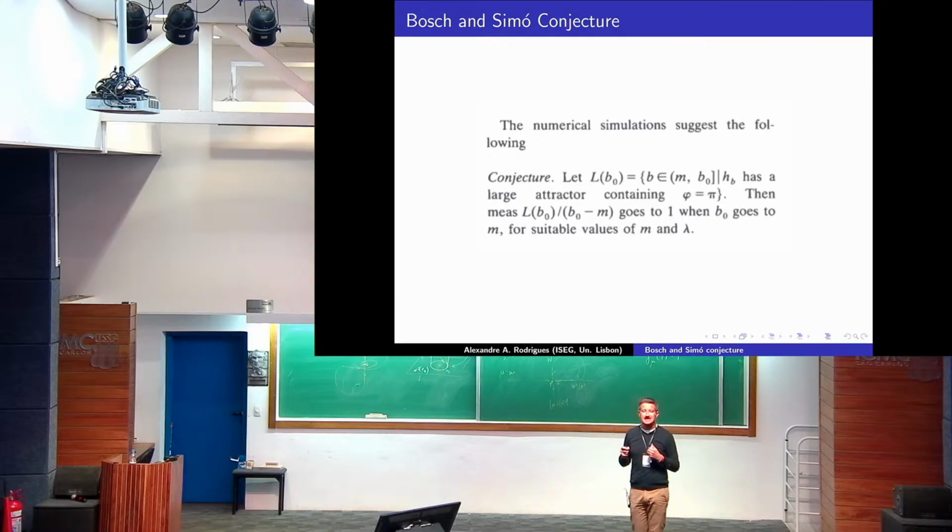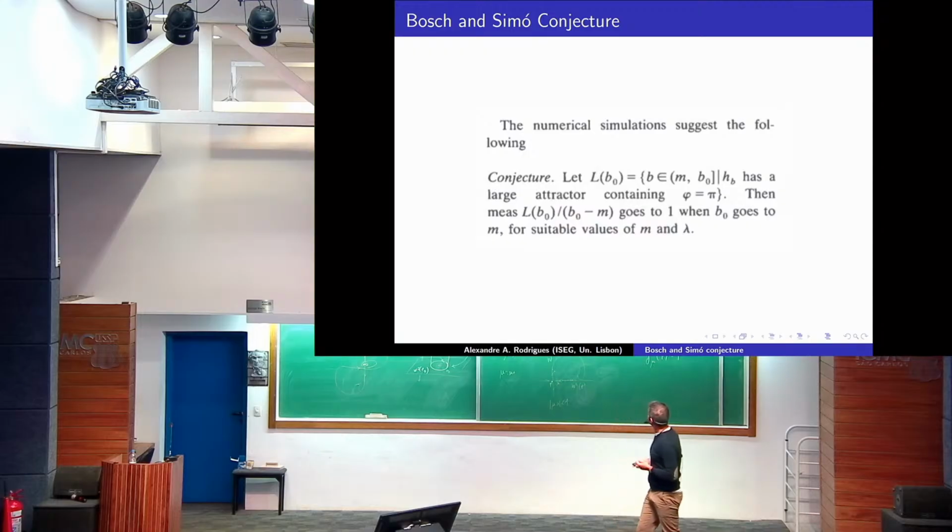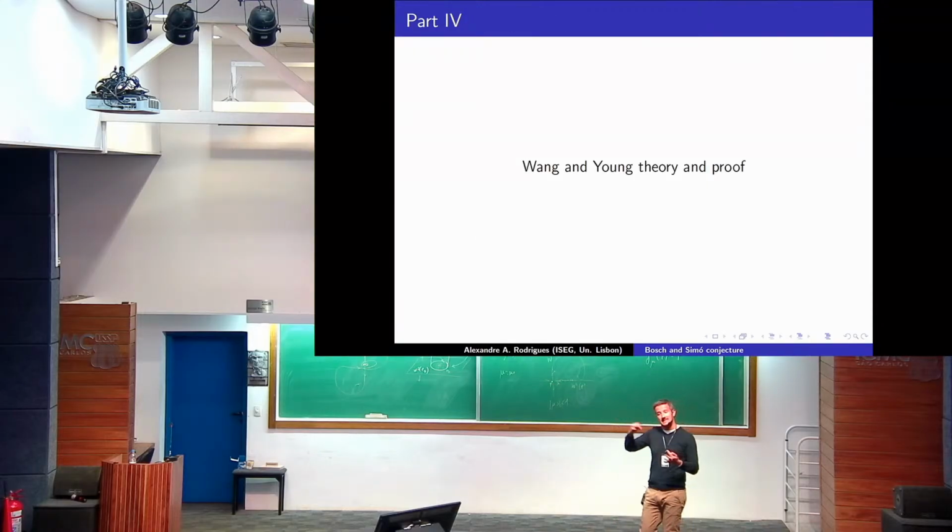In my case, I can't prove that this goes to 1. I'm proving that it's positive. So I answered the Bock and Simon conjecture, but it's only partially solved because I can't prove that it goes to 1. This result just says that the Lebesgue measure is positive. So this is why I call it the Bock and Simon conjecture, because they have this conjecture, and we try to solve it.